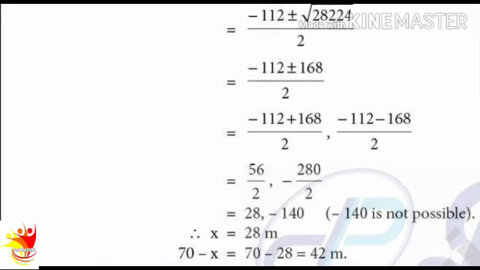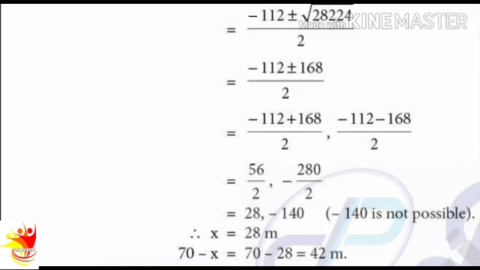We split the value. x equals minus 112 plus 168 divided by 2, comma, minus 112 minus 168 divided by 2. Minus 112 plus 168, simplify, we get 56 divided by 2, comma, minus 112 minus 168, simplify, minus 280 divided by 2. Now 56 divided by 2 equals 28. Minus 280 divided by 2 equals minus 140.